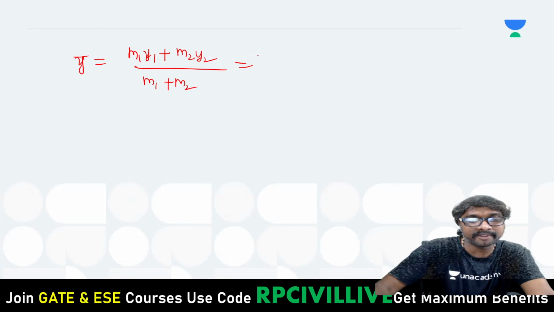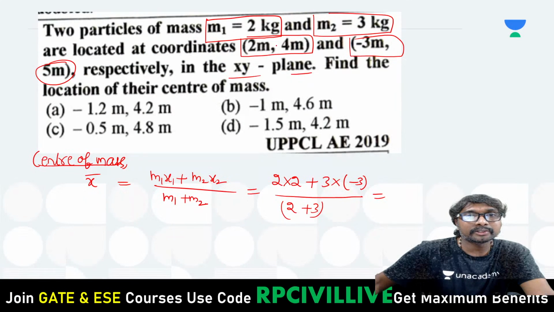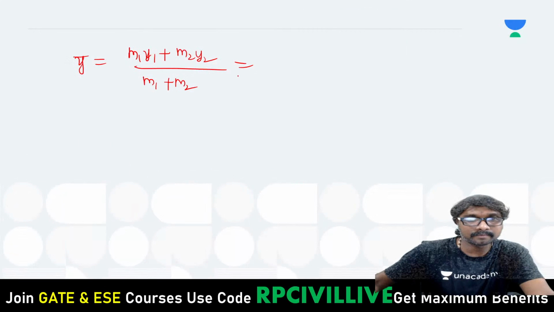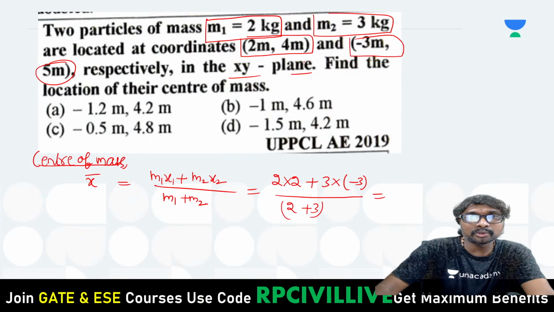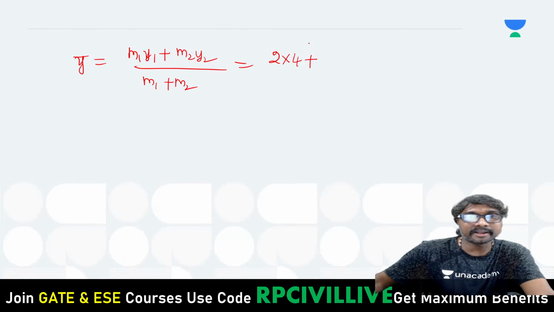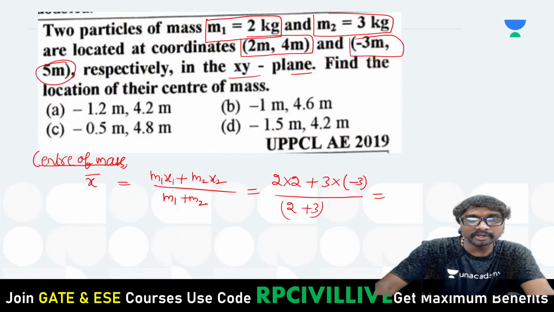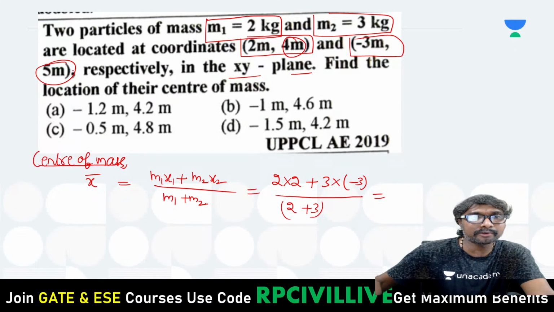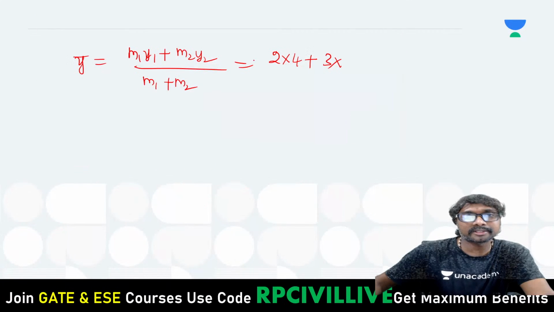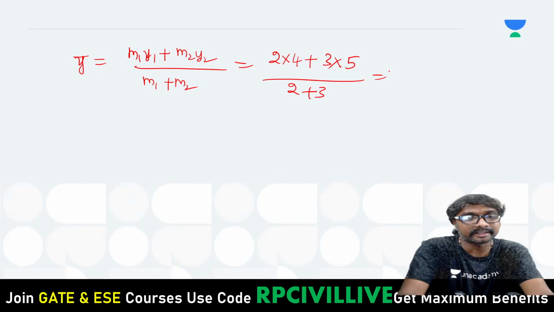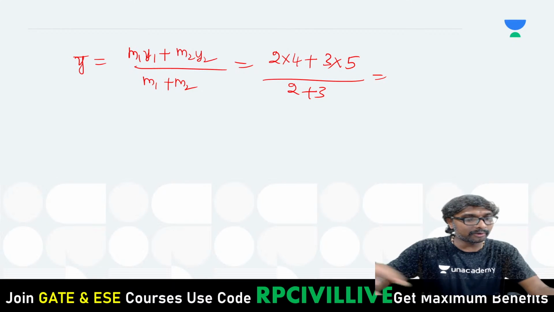It is just a weighted average. m1 y1 is 2 into 4, plus m2 which is 3 into 5, where the y1 coordinate is 4 and the y2 coordinate is 5, divided by 2 kg plus 3 kg. You'll get the answer here. Is that clear?